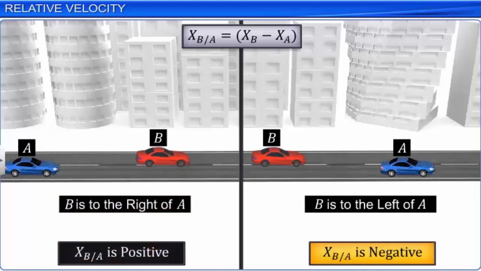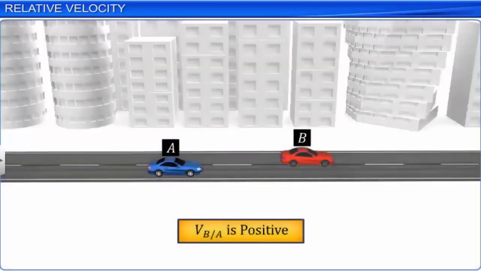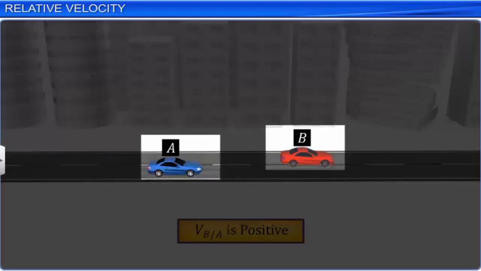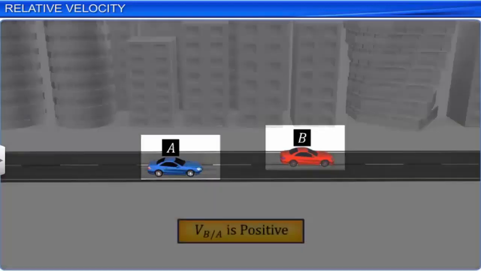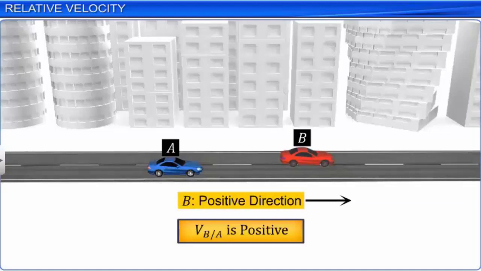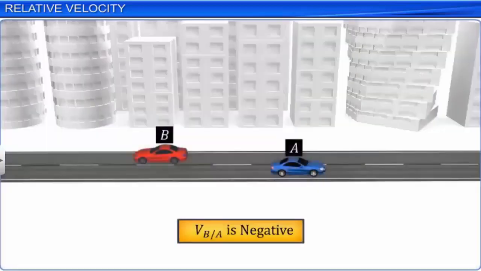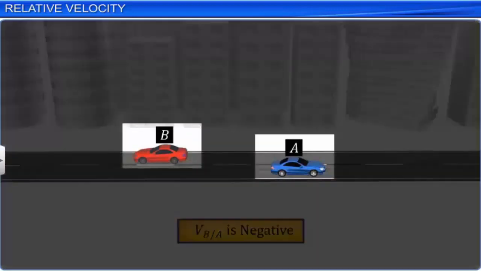A positive sign of vB/A means that when B is observed from A, the motion of B is in the positive direction, that is, rightward direction. A negative sign of vB/A means that when B is observed from A, the motion of B is in the negative direction, that is, leftward direction.